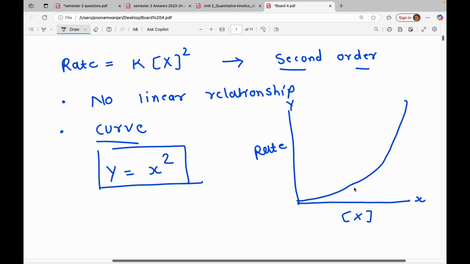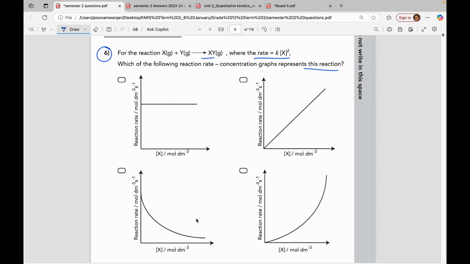That graph shows a quadratic relationship between rate and concentration, because rate is increasing with power 2 of x. So students, here we can check our options. This other option is not correct, and your correct option is D, showing a quadratic relationship between rate and concentration, y is equal to x square.